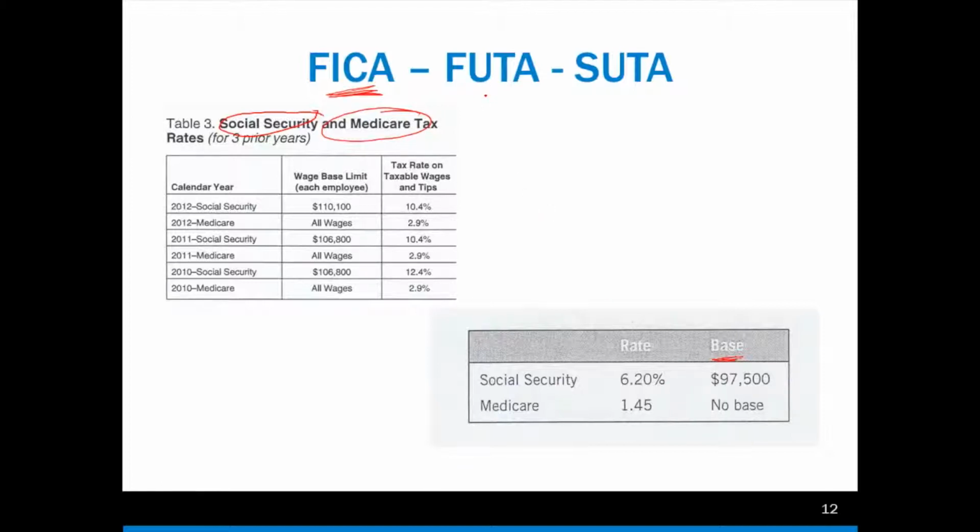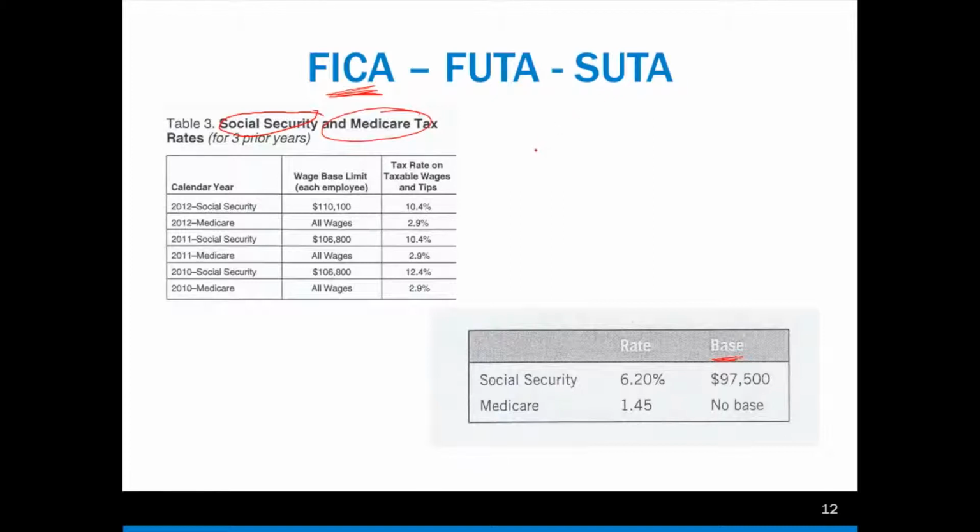The same thing happens for FUTA and SUTA, where there's a $7,000 limit and a percentage that's applied to that limit. FUTA is federal unemployment, and SUTA is state unemployment.